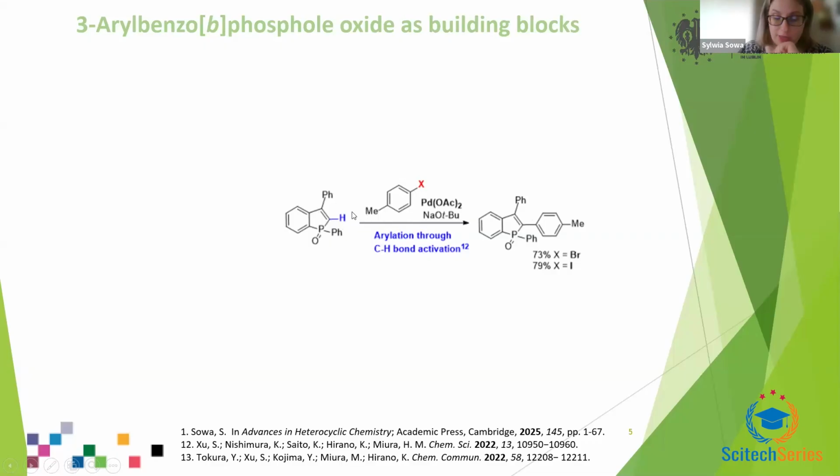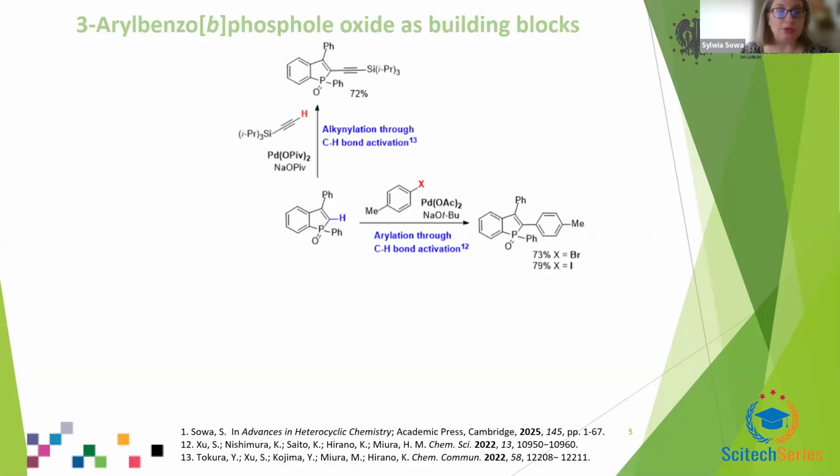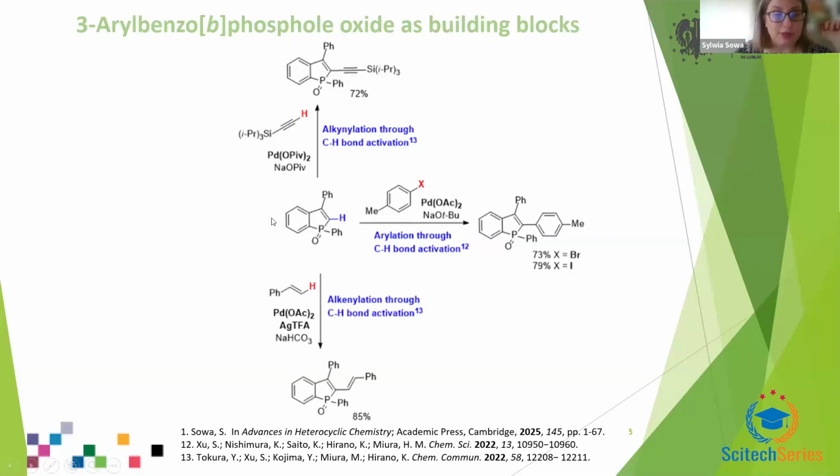of this bond here, and can also be carried out with other compounds. Here we see the double C-H activation in benzophosphole, and also with alkenes, and the reaction can also be done with alkanes.